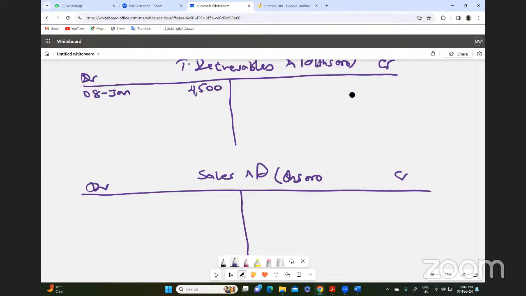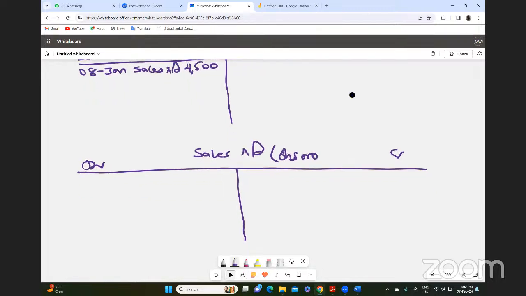This is sales. And then in the sales ledger, we are crediting the sales ledger on the same day. This is Maseruka also, or trade receivables.